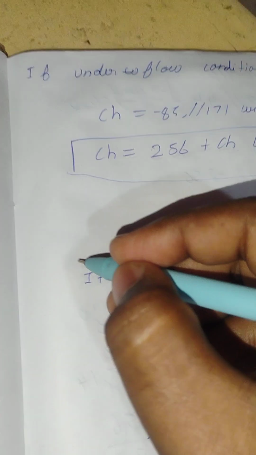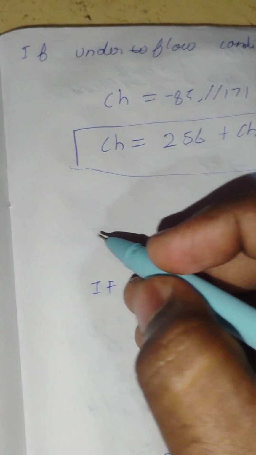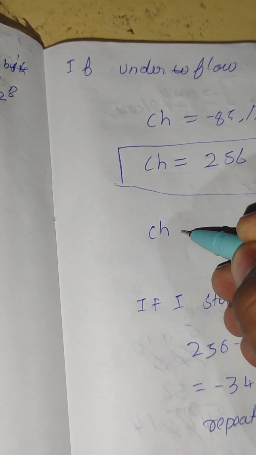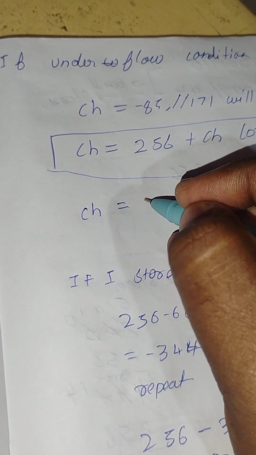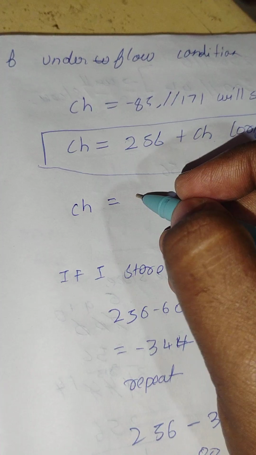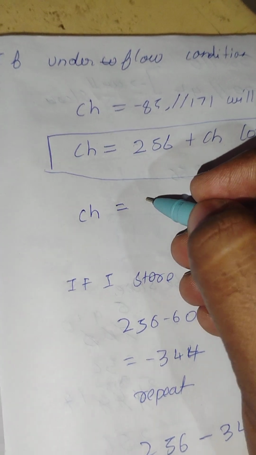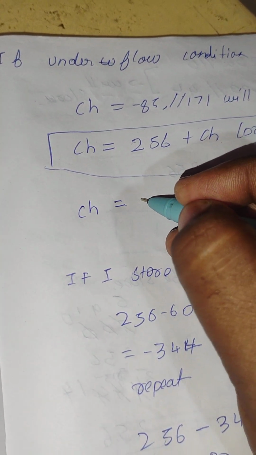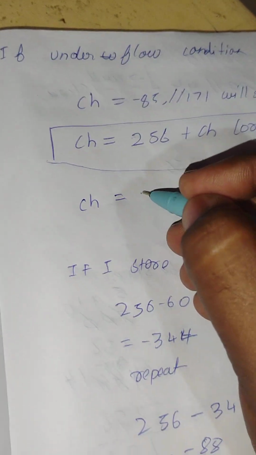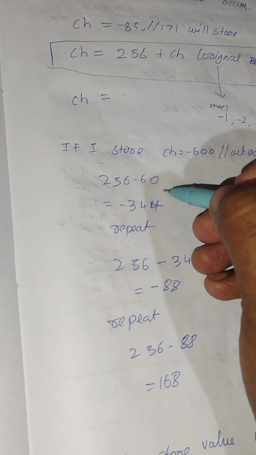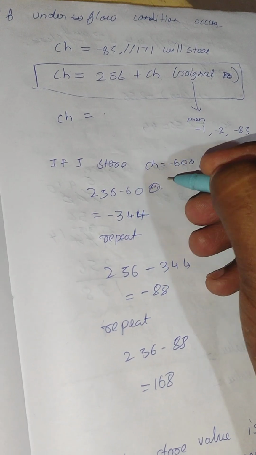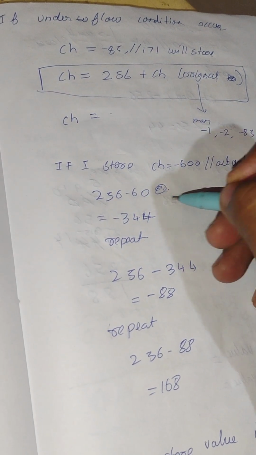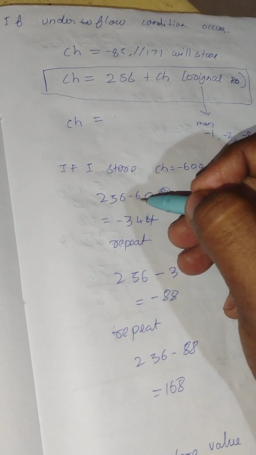In case ch is equal to -600, we need to do it again as an iteration.